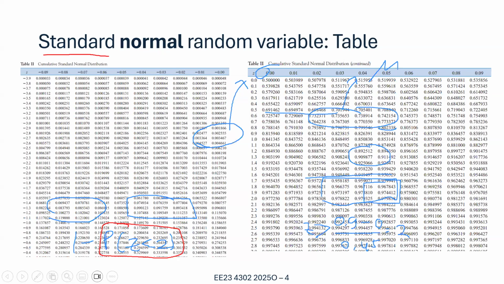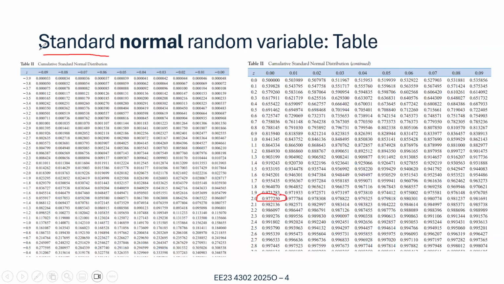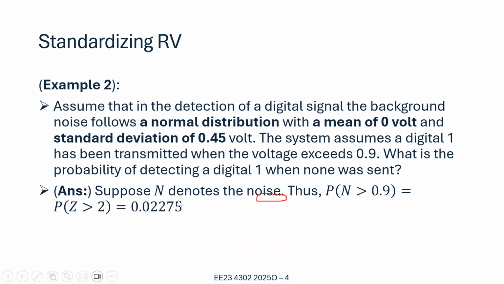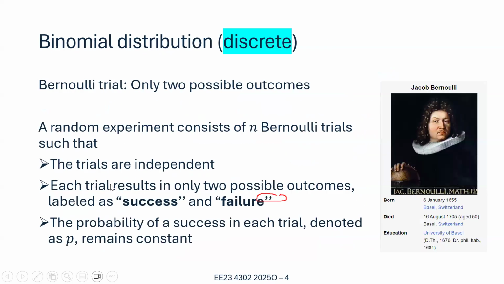We can again look at this table. For z more than 2, what we look for is, I think, this. And we get 0.02275. All right, so that's about the normal distribution for the continuous random variable.